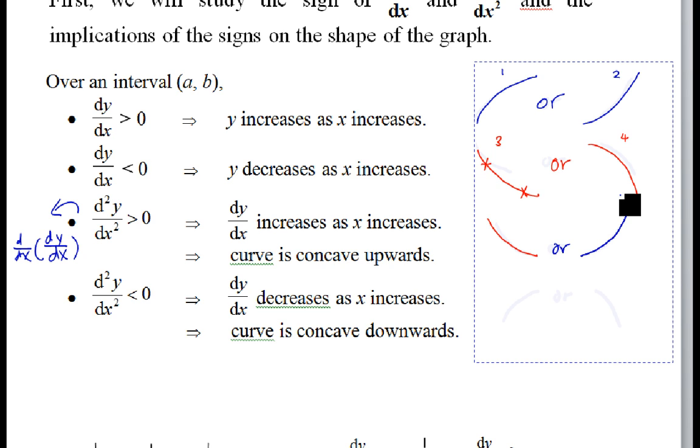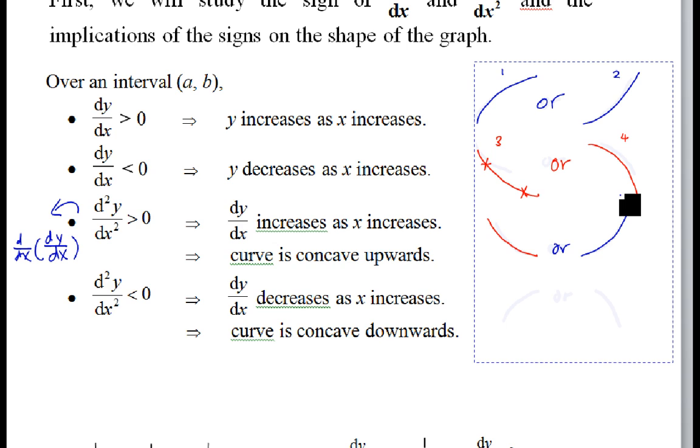Now, what can we say about these two? The curve is concave upwards. When we say concave upwards, it's easy to remember: it forms part of a smiley face. This connects to your O-level knowledge of the second derivative test, when you want to find out whether it's a minimum or maximum.